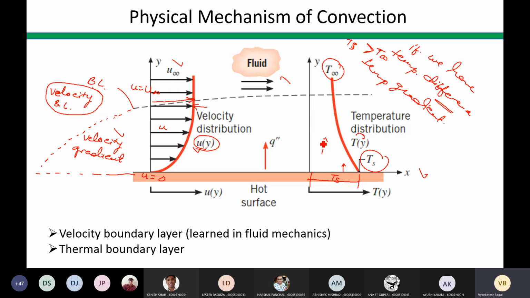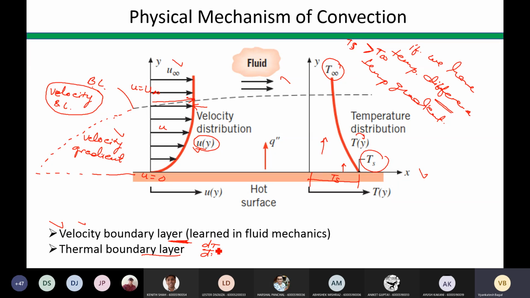So the two things you must understand: one is the velocity boundary layer, where we talk about the velocity gradient, and in the thermal boundary layer we talk about the temperature gradient.